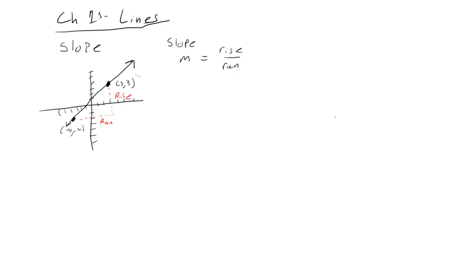Which our formula for slope, y2 minus y1 over x2 minus x1. Formula for slope, right?